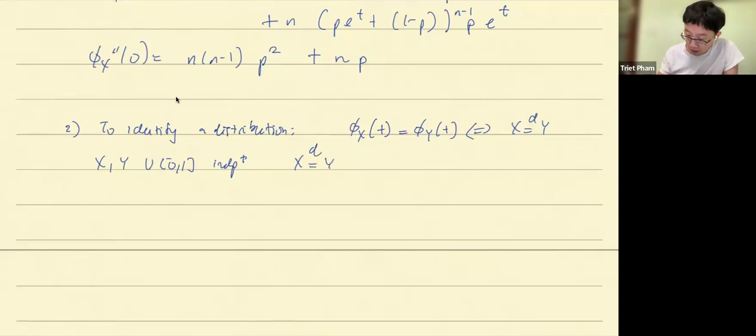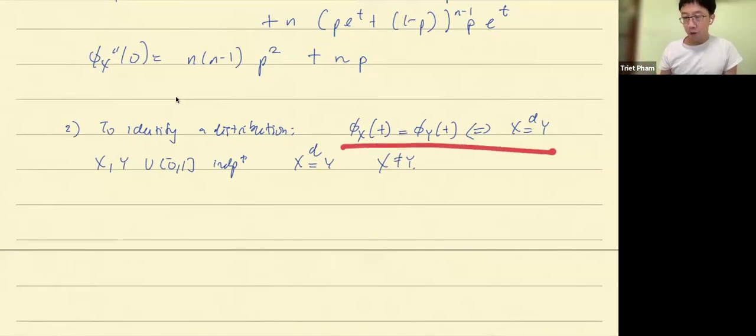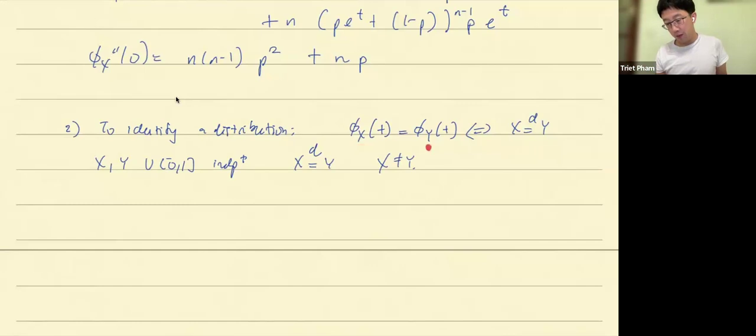But clearly, X and Y cannot be the same in general because they're independent in terms of values. So that's what we mean. If two random variables have the same moment generating function, then they're the same random variables, if you will.